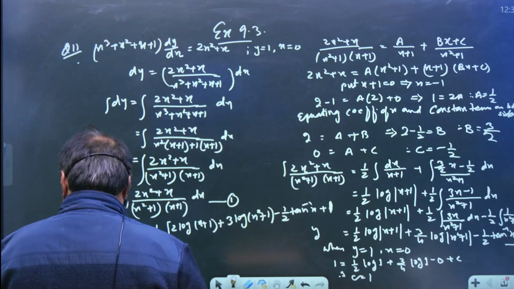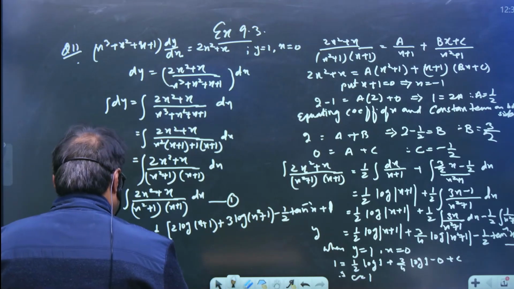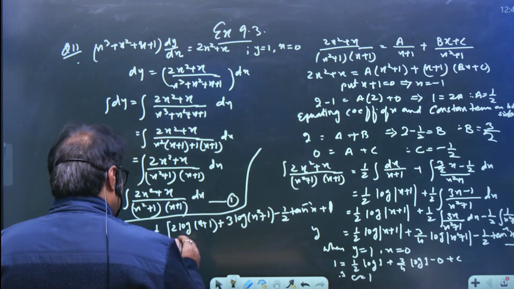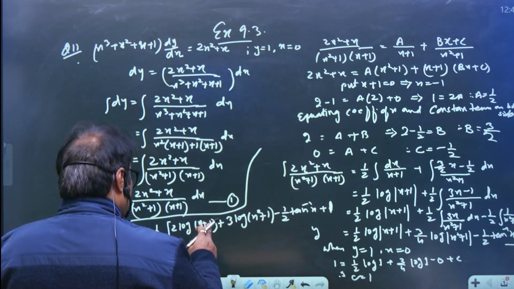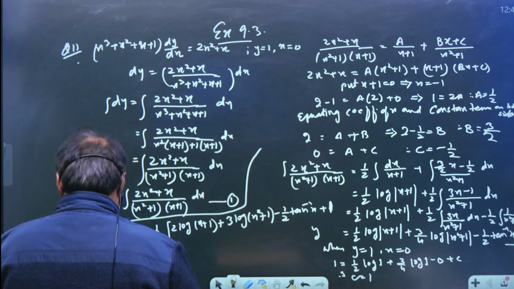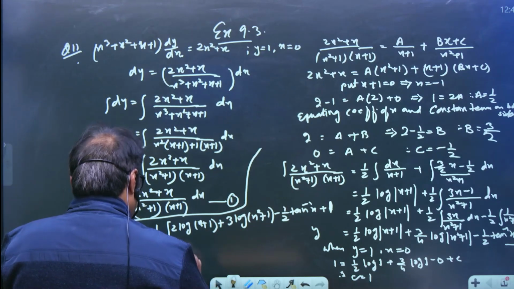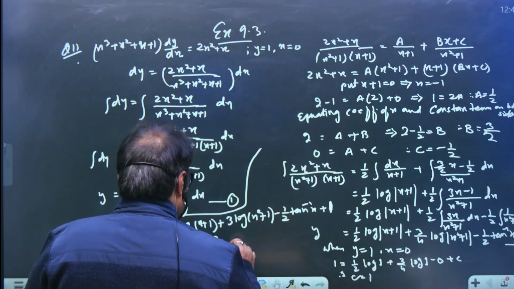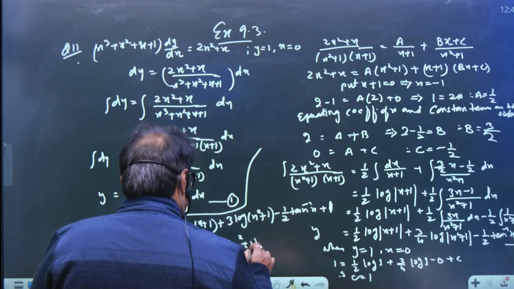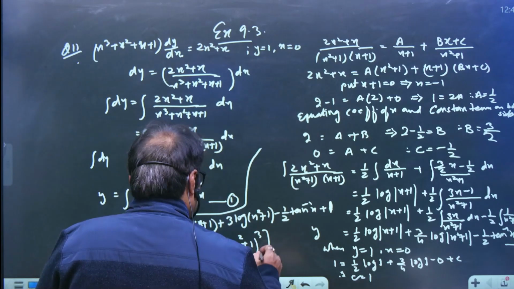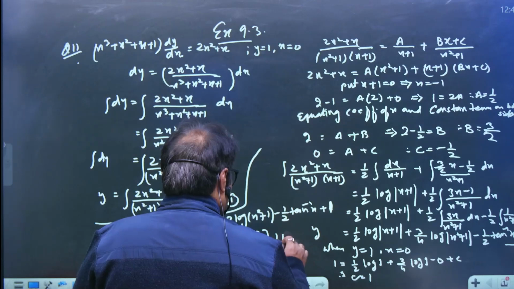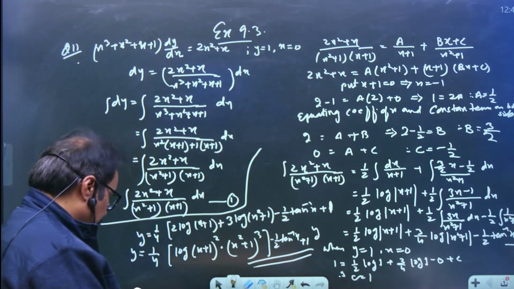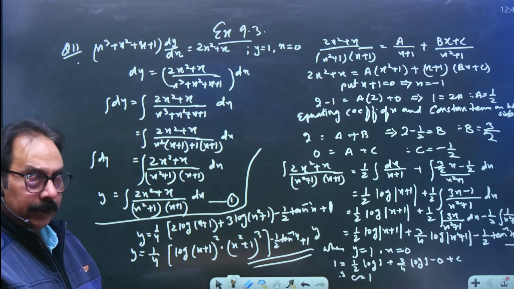One more step. So the final answer should be y is equal to 1 by 4 log of x plus 1 whole square into x square plus 1 whole to the power 3, and minus 1 by 2 tan inverse x plus 1, and this is the final answer of this question number 11, right?